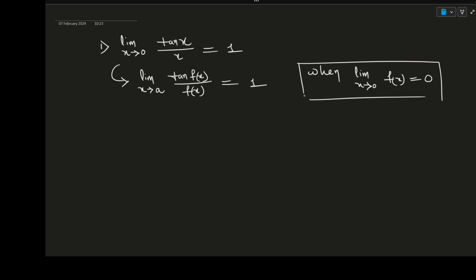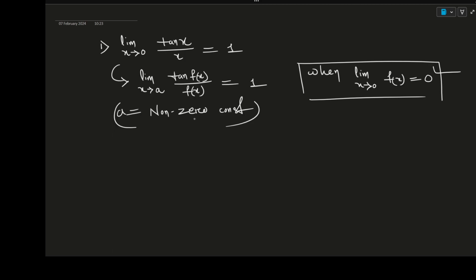So for the question where this condition will hold, we can say that the limit of tan f of x by f of x will be equal to 1. Here a is a non-zero constant, and f of x can be a trigonometric function, algebraic function, or a combination of both.